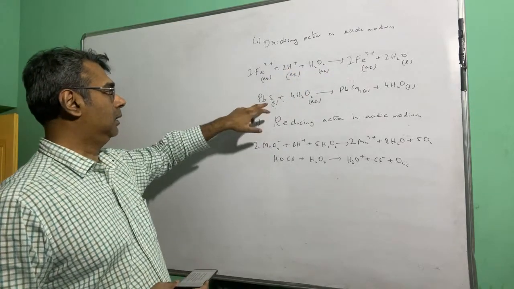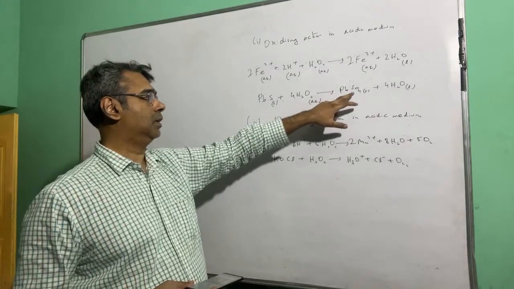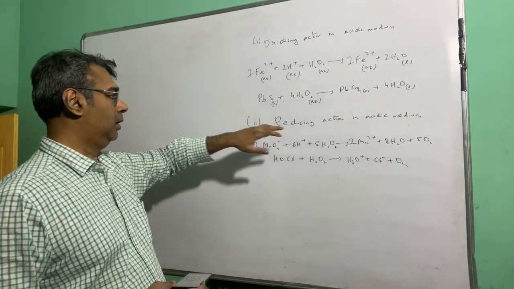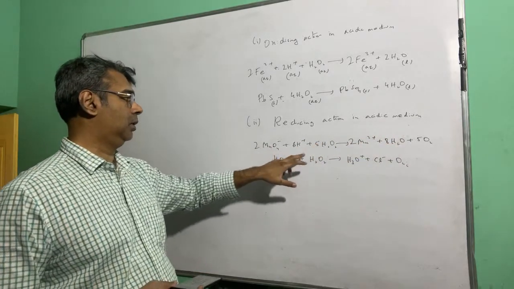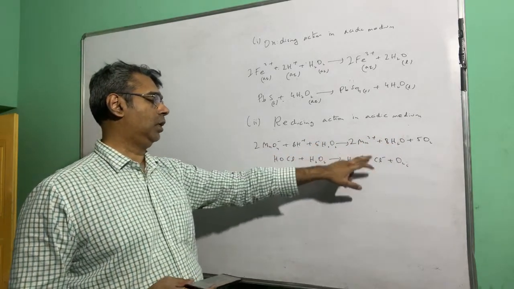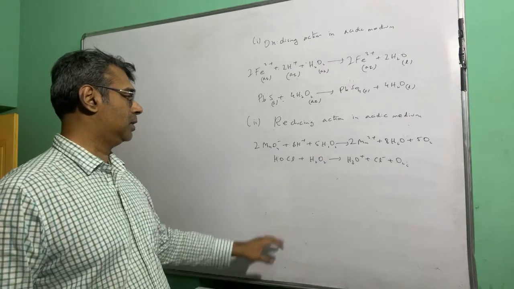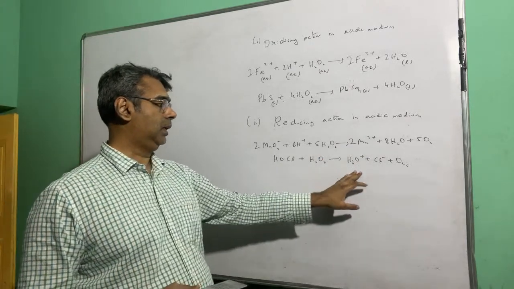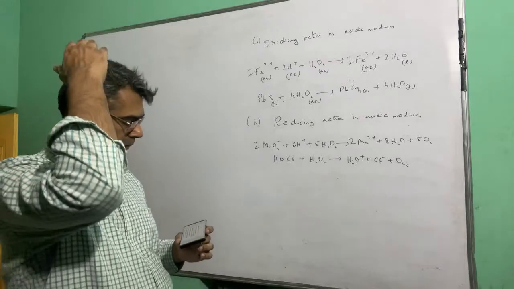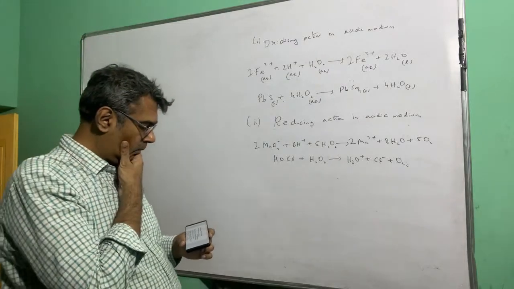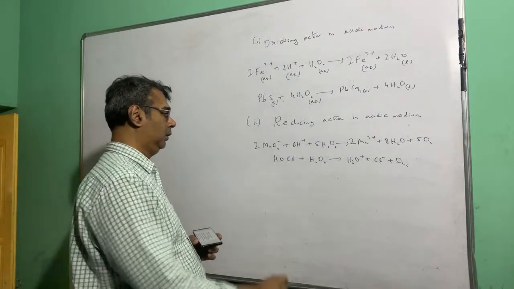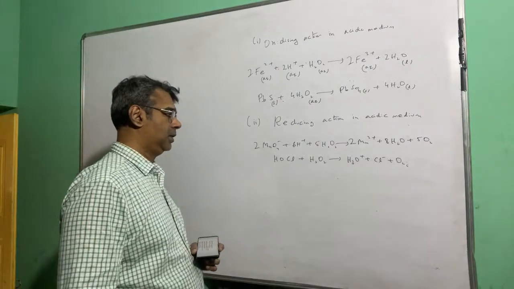Then PbS will be oxidized to PbSO4. Reducing action in acidic medium: MnO4- in acidic medium, H2O2 will reduce it to Mn2+. HOCl will be reduced to Cl-.